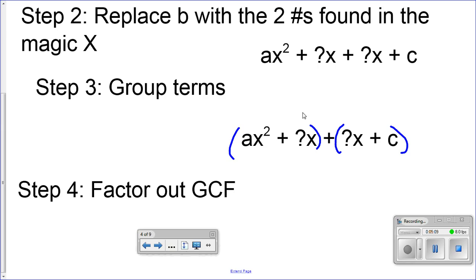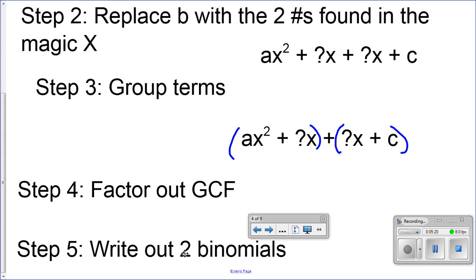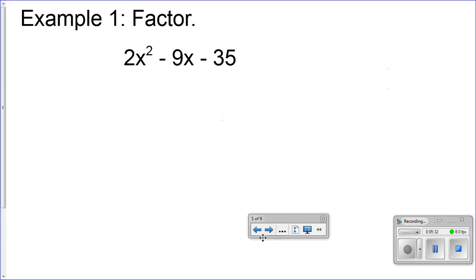Now, the leftovers for each of those binomials should be identical, so we're really just reversing a lot of stuff. Then it gives us two binomials that we write out. So we're basically coming up with the two binomials that got multiplied together to create that trinomial. It sounds super complicated. It's not the easiest thing, but we'll get through it.